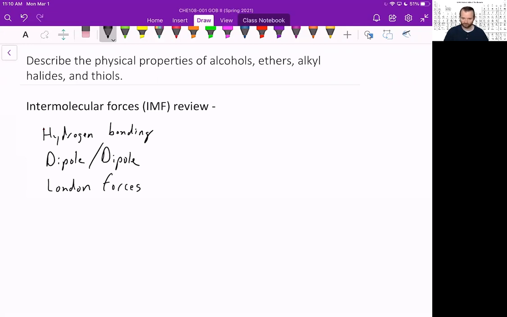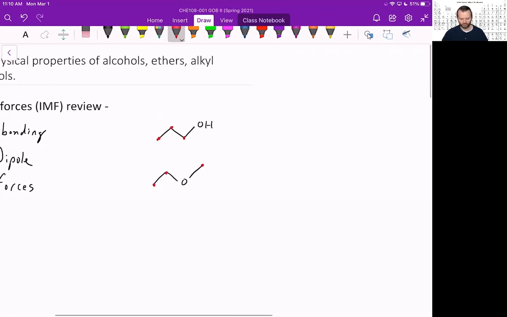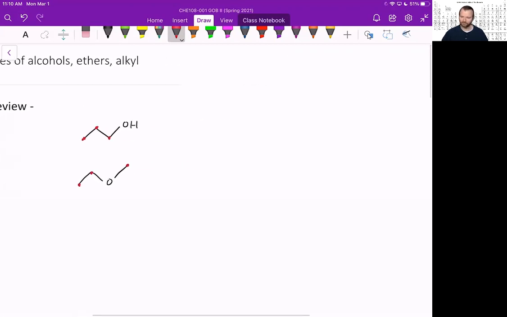It's the weakest. So if we draw three comparable alcohols, ethers, alkyl halides, and thiols, we've got three carbons.